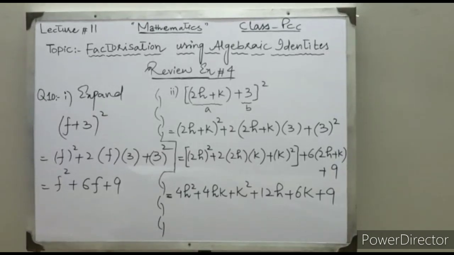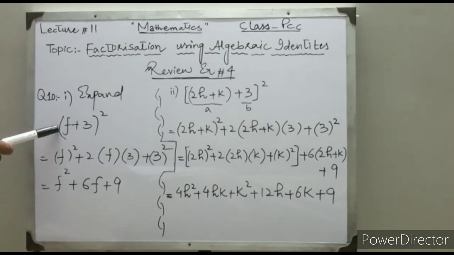Now students, the last question of review exercise 4, question number 10. Question number 10 contains two parts. In both the parts we have to expand the given expressions. In the first part we have f plus 3 whole square. Students, apply identity number 1, which is a plus b whole square, where a is f and b is 3.